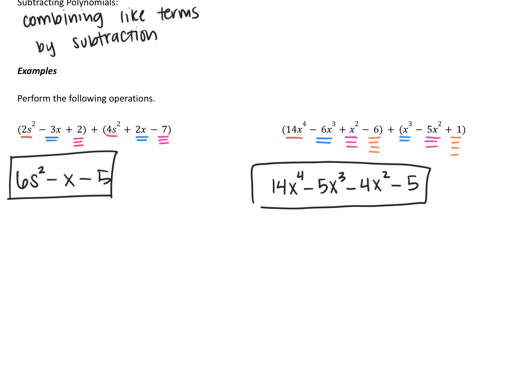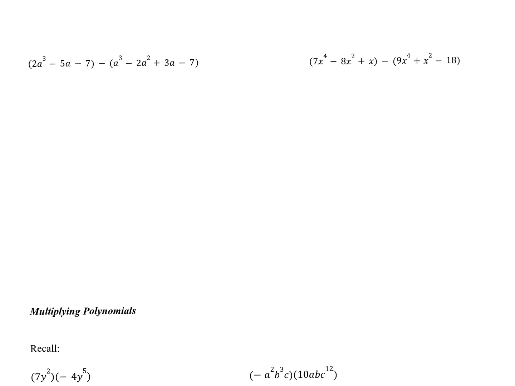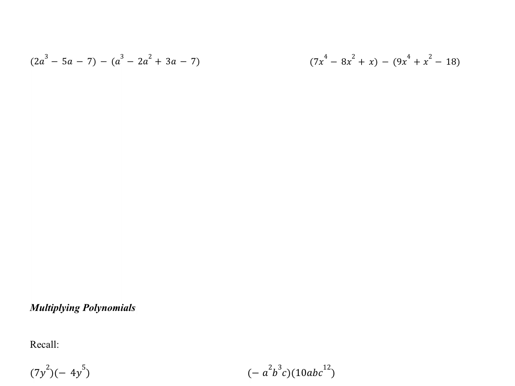So when you are adding polynomials, you can basically pretend those parentheses don't exist because you can just combine the terms as they appear. Next, we'll look at a couple subtracting examples where there is a slight difference. For subtracting polynomials, you're actually subtracting the entire polynomial that appears after your subtraction sign.